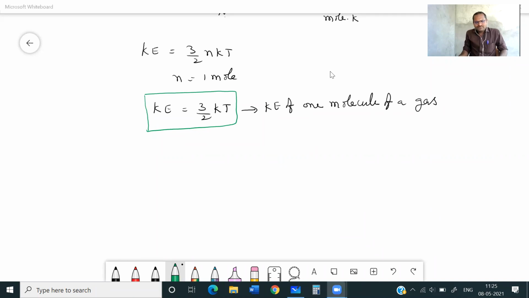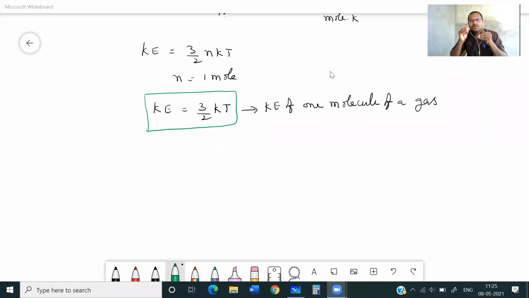Now, this is all about the pressure exerted by the gas. In one container, according to the kinetic theory of gases, the gas will be in random motion. Due to this random motion, it will collide with the walls of the container, meaning it will exert some pressure on the walls. How much pressure? P is equal to 1 by 3 rho VRMS square. Using the density of a gas and the RMS velocity, we can find the pressure.